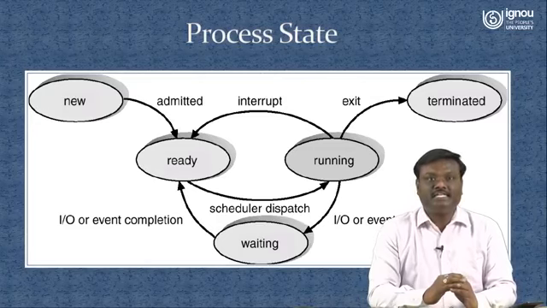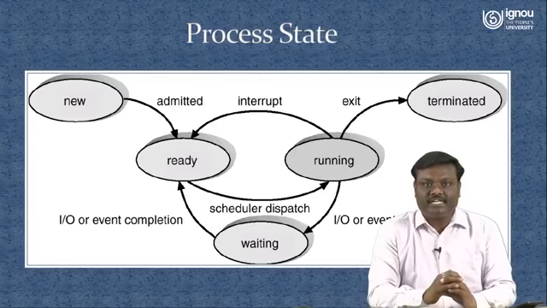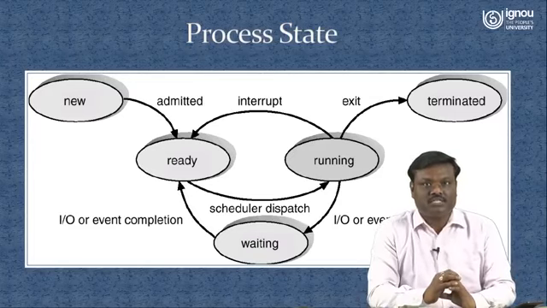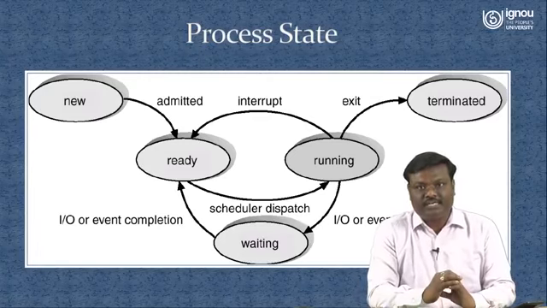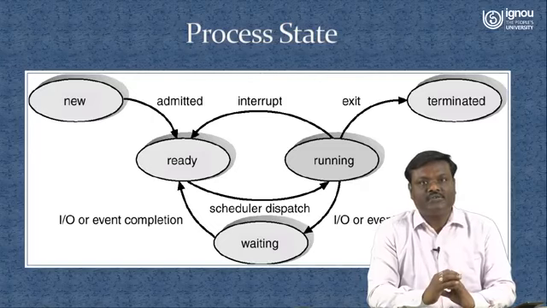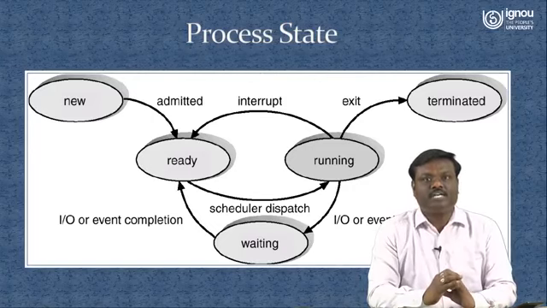When there is an interrupt or an IO request, the process goes to the wait state, waiting for the resource. Once the event is completed, it goes back to the ready state, to be picked up for running. Once the whole execution is over, it is terminated.